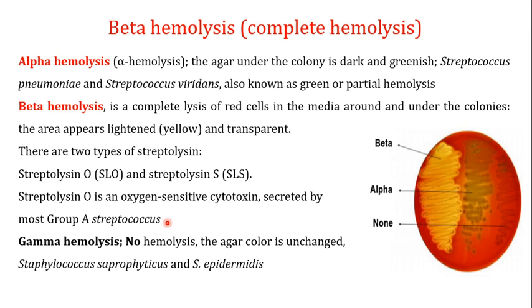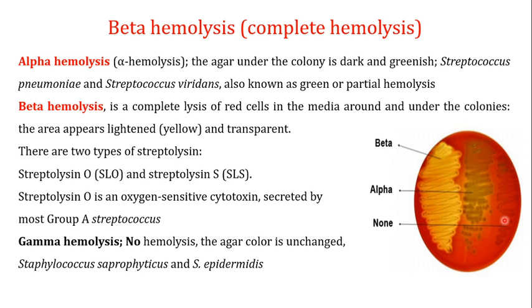The third type of hemolysis is known as gamma hemolysis, and gamma hemolysis simply means there is no hemolysis. There will be no change in the color of the blood agar. You can actually see the streaks of the bacteria over here, but as these bacteria do not have the ability to cause hemolysis of the red blood cells, the color of the media is not going to change.